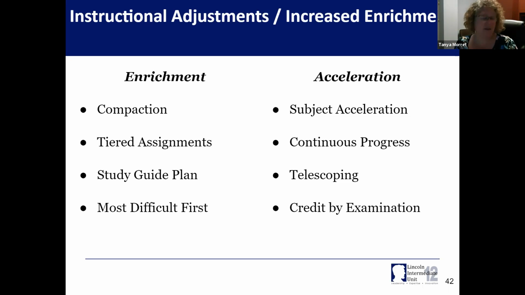a face-to-face environment. And then our other group of kiddos, there's actually 20 different types of acceleration. They all ultimately result in moving faster through the curriculum and ending up out of sequence.